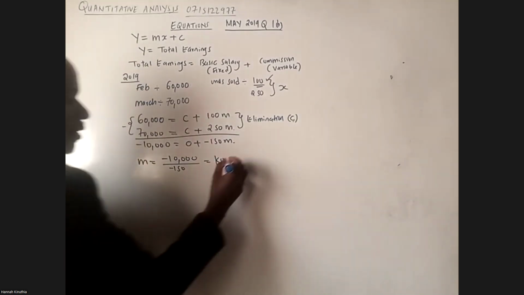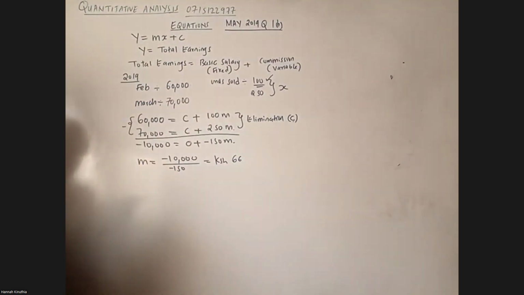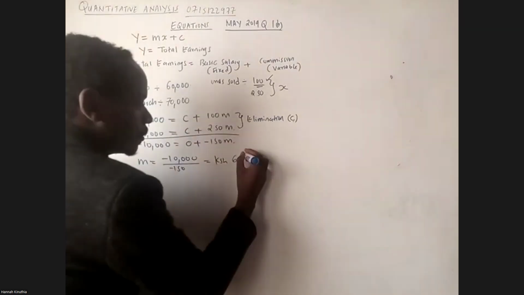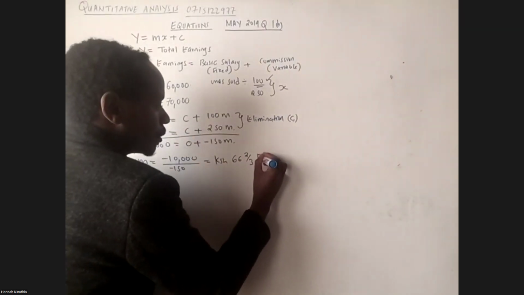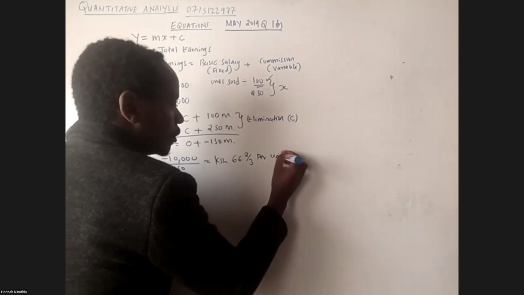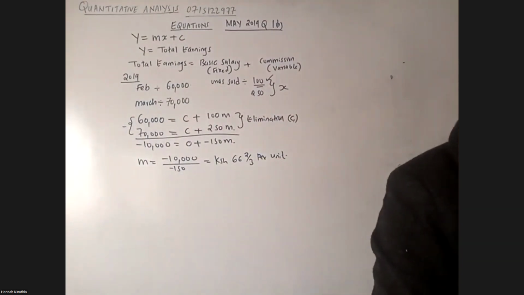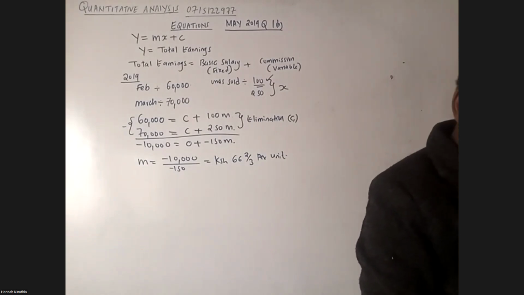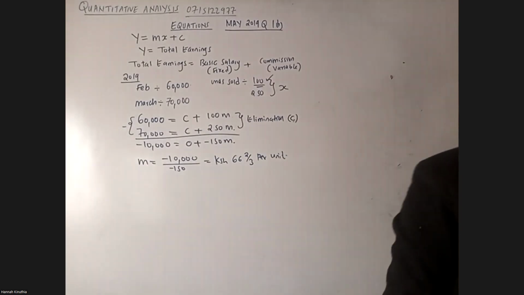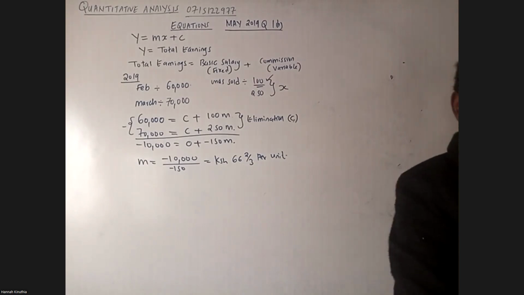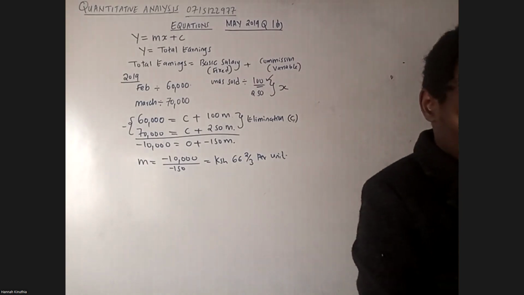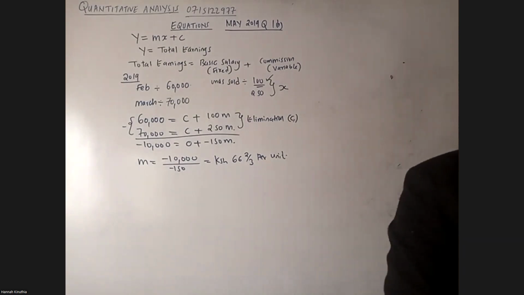So 1 unit sold at 66 2/3 per unit. So that's the value of M. So what the person typed here is correct.